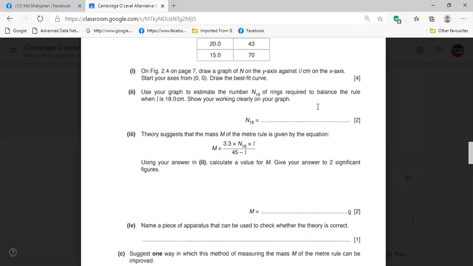So you got it? Yes, sir. 48. You got 48. And what about Abir? Yes, sir. I also got 48. You also got 48. Did you show it on the graph? Yes, sir. Okay, can you send it to me, both of you, the working?